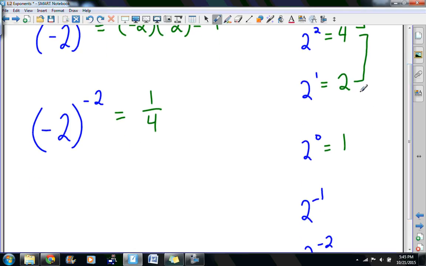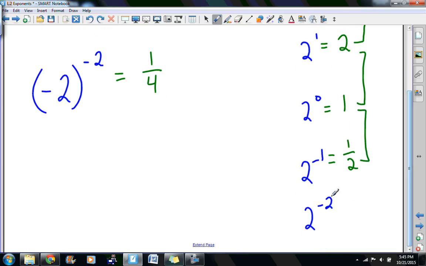But the process continues. We can continue dividing by 2. 1 divided by 2, well, that's just 1/2. Process continues. Going down here, 2 to the negative second power, that's 1/4. So negative exponents mean fractions. Get that locked in your head.